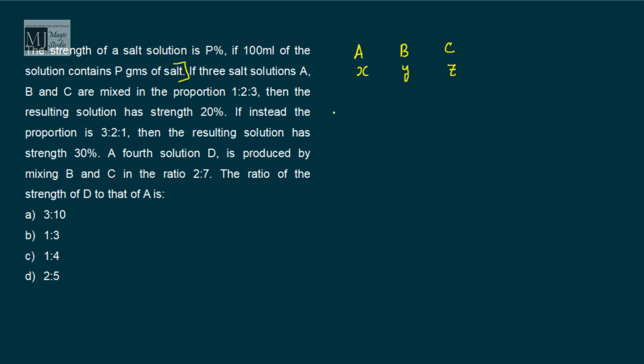Then the first weighted equation is (1 into x plus 2 into y plus 3 into z) by (1 plus 2 plus 3) is equal to 20. That means x plus 2y plus 3z is equal to 120. First equation.